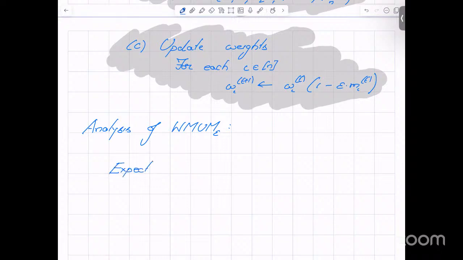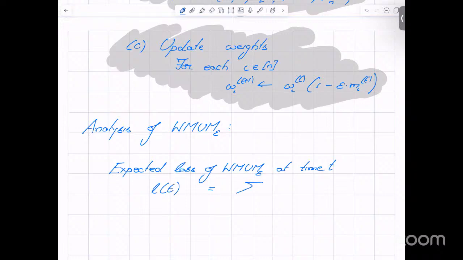So the expected loss of the WMUM algorithm at time t, what is this? This is exactly this quantity. You denote it by L of t.